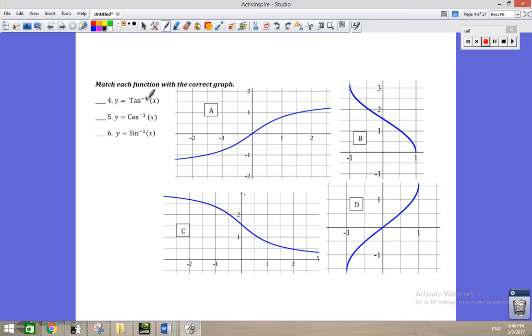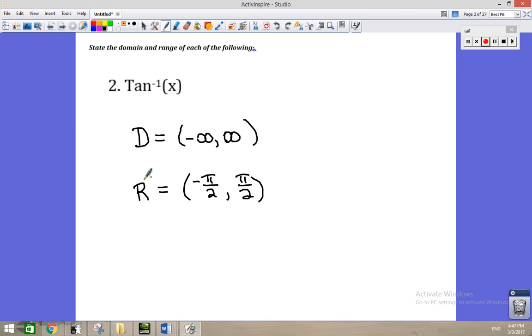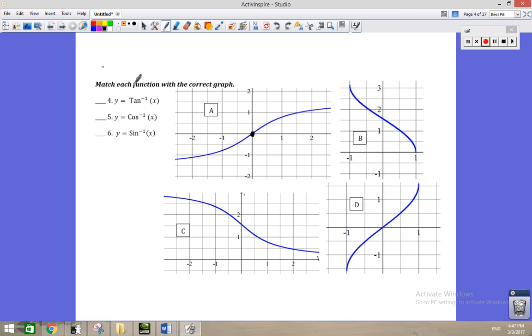Alright, now the inverse tangent: the tangent of 0 is 0. We know it's going through the origin. We just got done saying that the domain is all real numbers, and the range is from -pi/2 to +pi/2, and pi/2 is approximately 1.57.